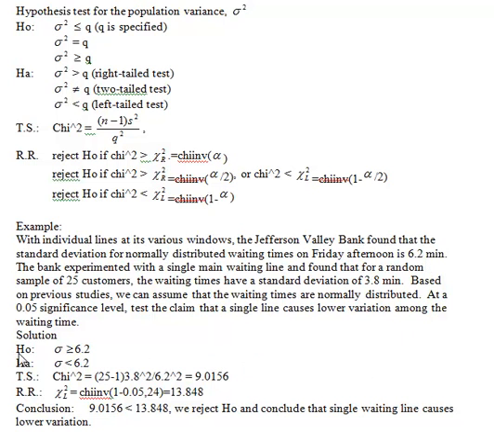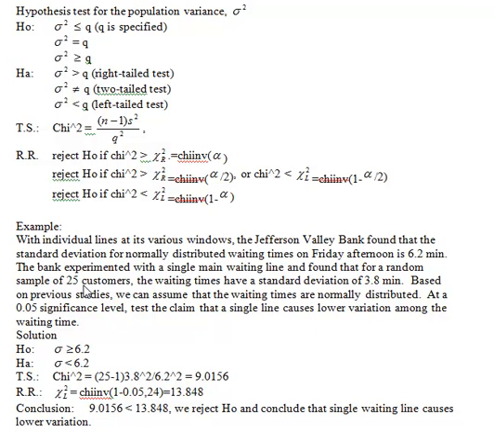So when we put our null hypothesis, we put standard deviation greater than or equal to 6.2. And then this 3.8 comes from the experiment. So this is sample standard deviation, or we say this is small s, which is 3.8.